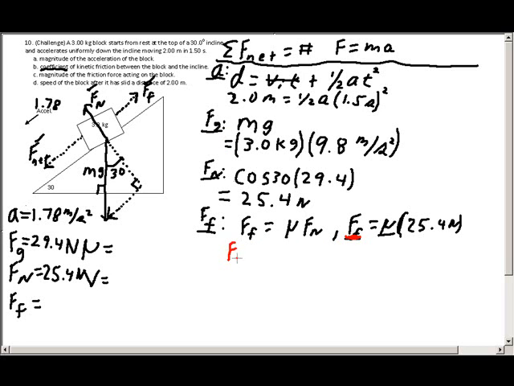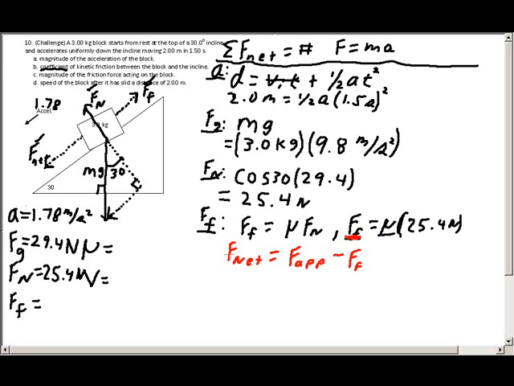My total net force is equal to the amount of force that I'm applying because it's accelerating, but it's always being held back by my frictional force. There's that and there's that. But do I know my net force? I do.